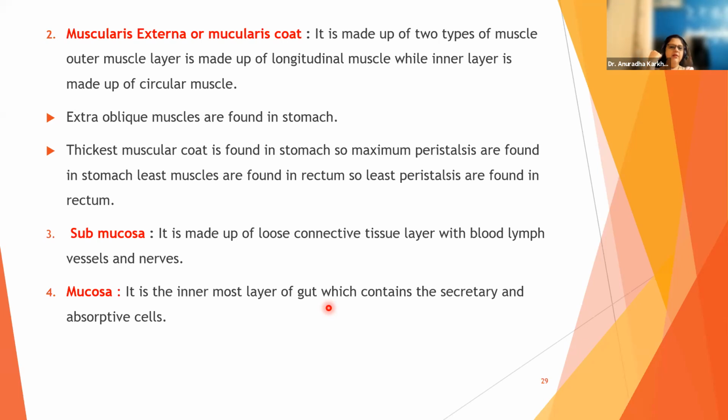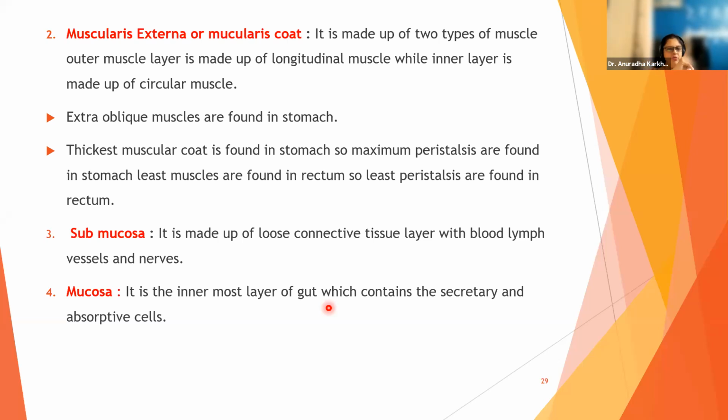Do you remember? Yeah. So the submucosa will be having blood, lymph vessels, and nerves. And the mucosa is going to have the capacity to secrete mucus, as well as the capacity to absorb the digested part of the food. So these are the 4 layers of your entire alimentary canal. Okay. So just 2 things here are a bit different, which you need to remember.